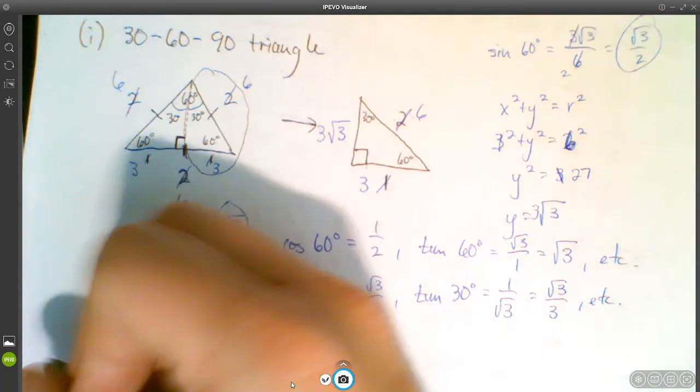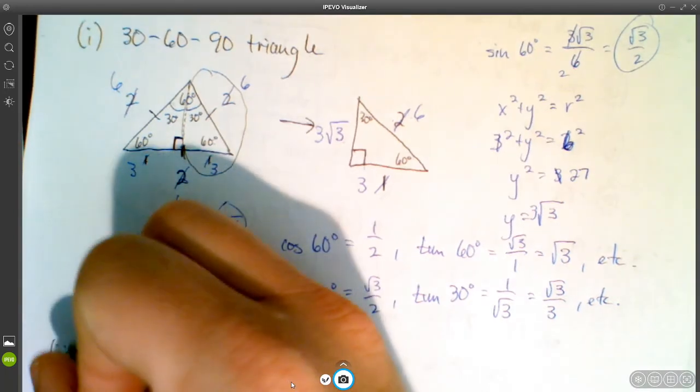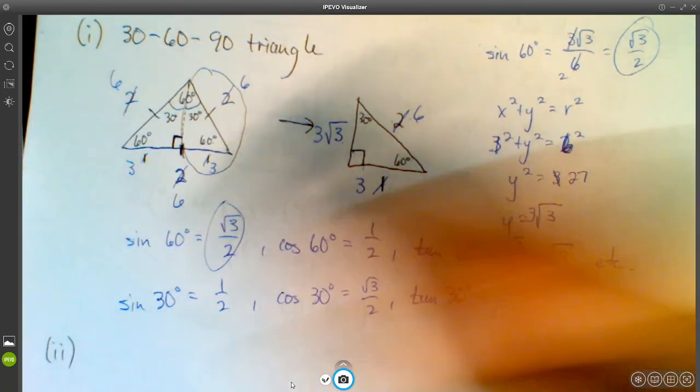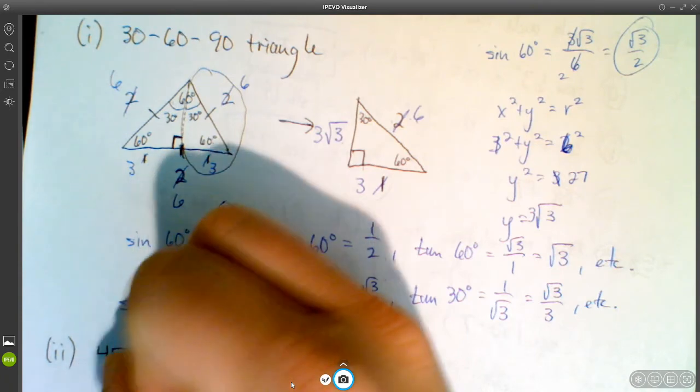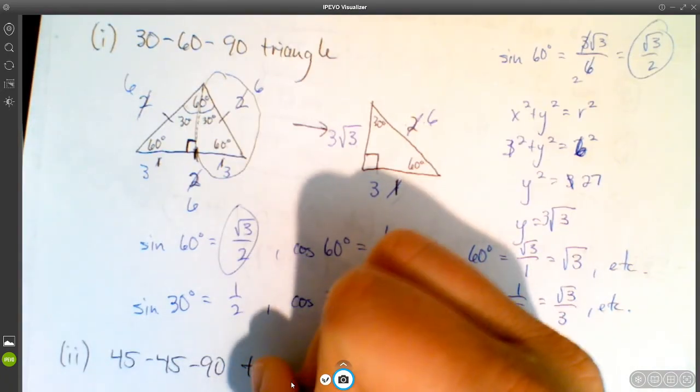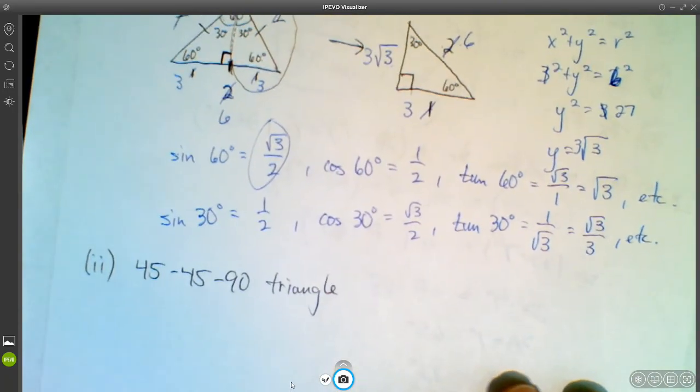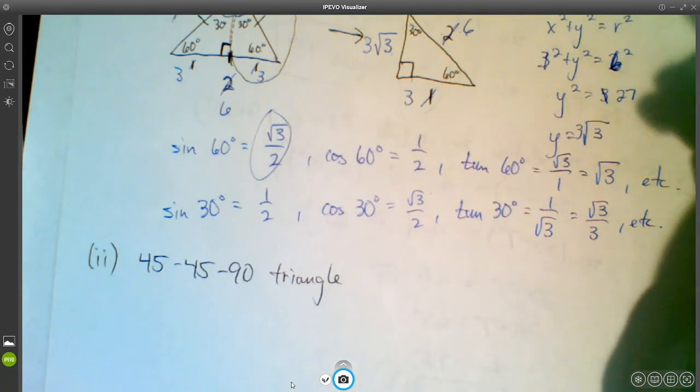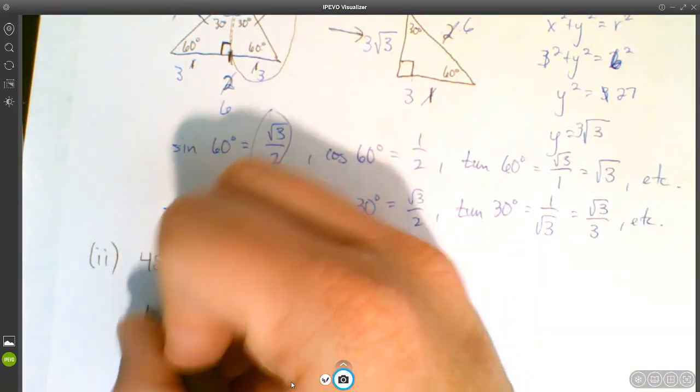The other special right triangle that I want to show you is the 45, 45, 90 triangle. So a 45, 45, 90 triangle would look something like this.